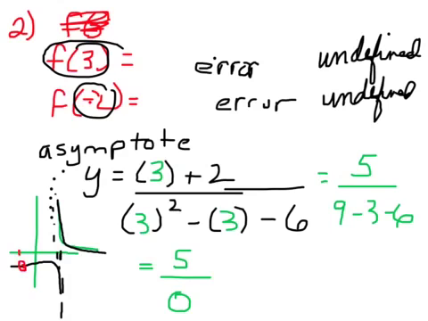Your calculator doesn't show you everything about a graph. You have to have your brain screwed on. There is a missing point there because if I plugged in negative 2, I would also get a 0 on the bottom, and my calculator's telling me that when it says error. So there's not a point there, but there's not an asymptote either. There's a way we could have known that was going to happen, and that's what we're going to learn about in this chapter.